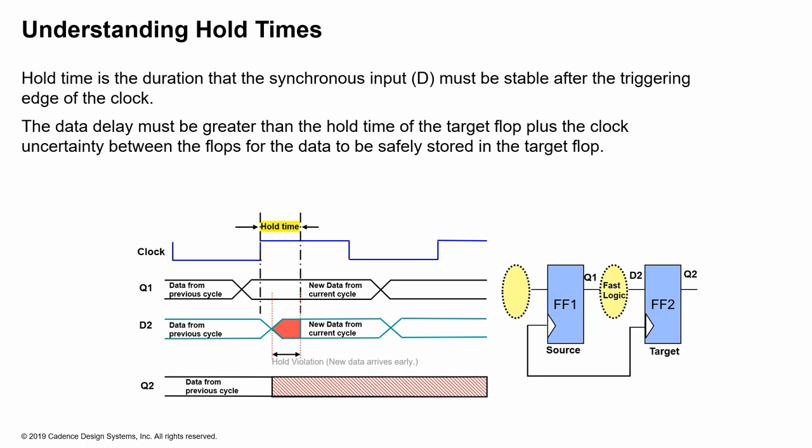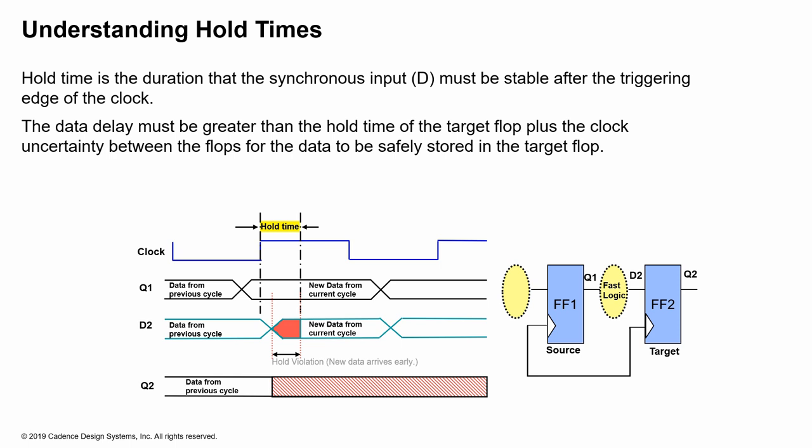One of the things people do is try to reduce the amount of skew between the clock trees by using better clock tree generation. If you constrain your clock trees properly, there won't be any hold violations because the minimum data delay requirement is met.